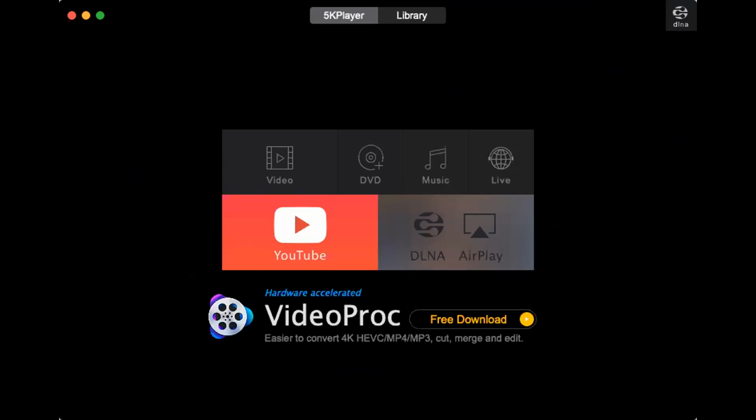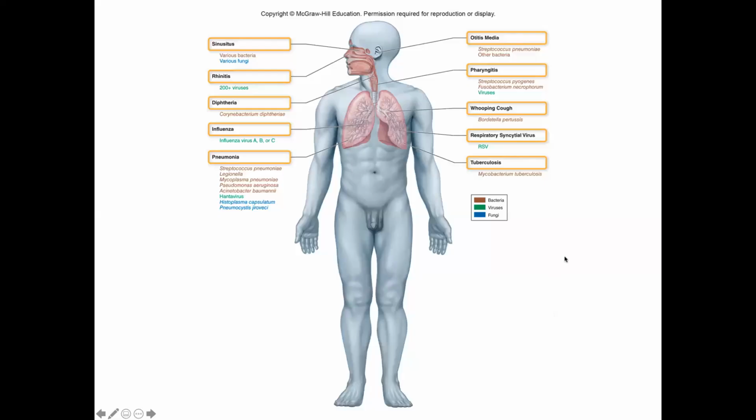We'll get to the last slide on respiratory, and what you can see here. Let's do this in share. Again, notice that a lot of these are viral.